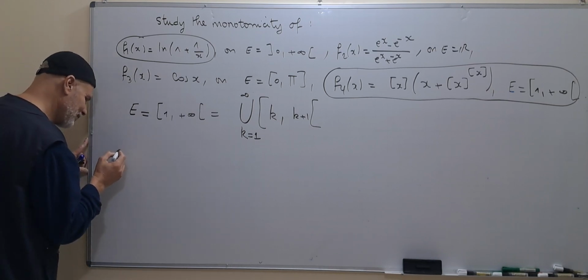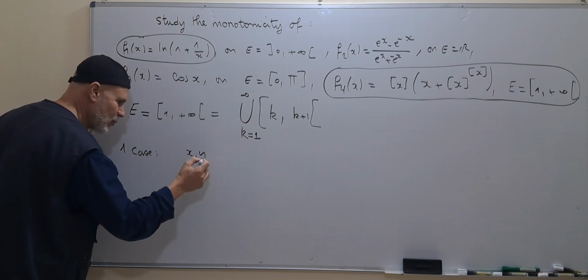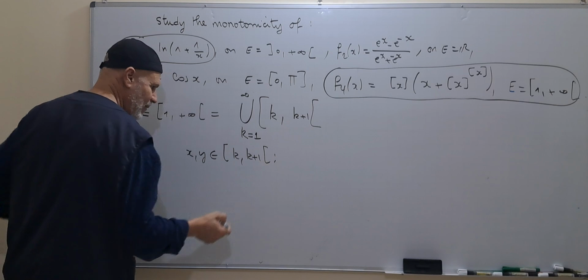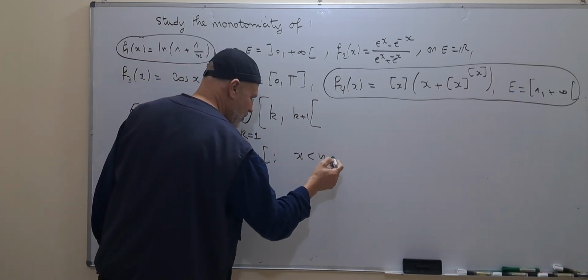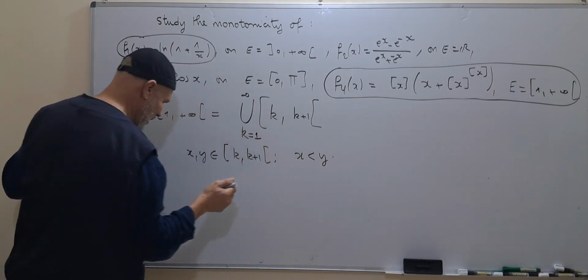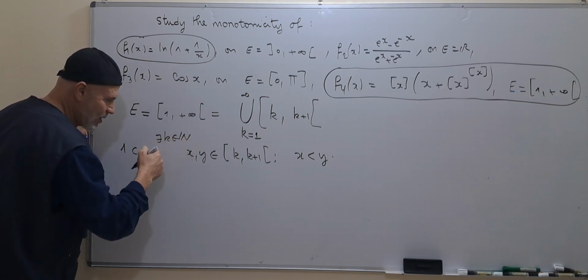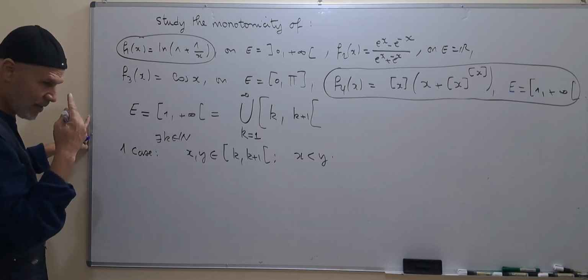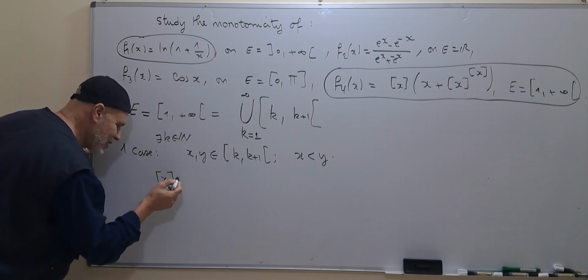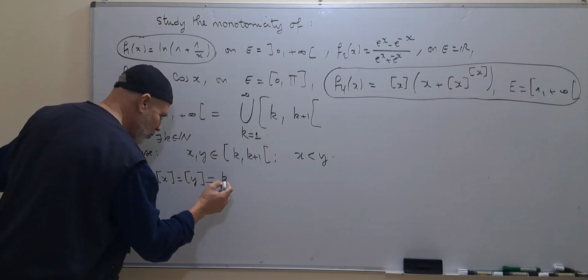The first case: if x and y belong to the same subinterval, such that x is less than or equal to y, for example, if there exists k from N such that we have this case. In this case, the integer part of x is equal to the integer part of y and is equal to k.